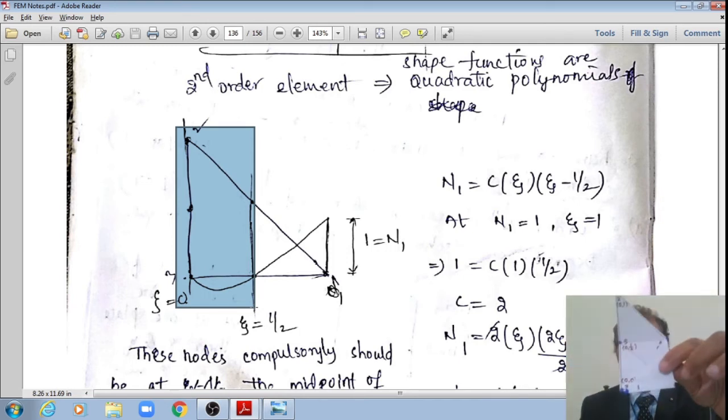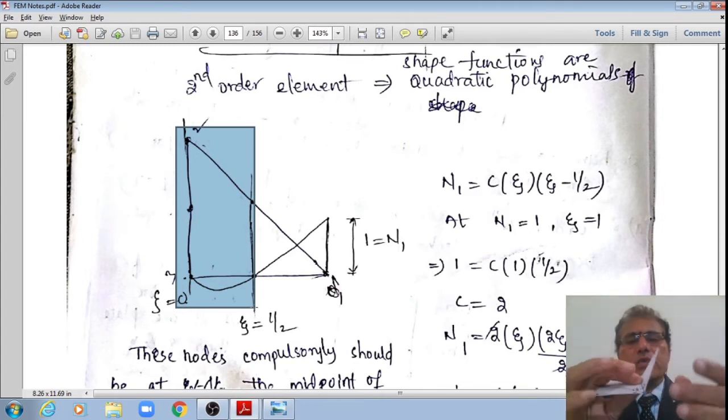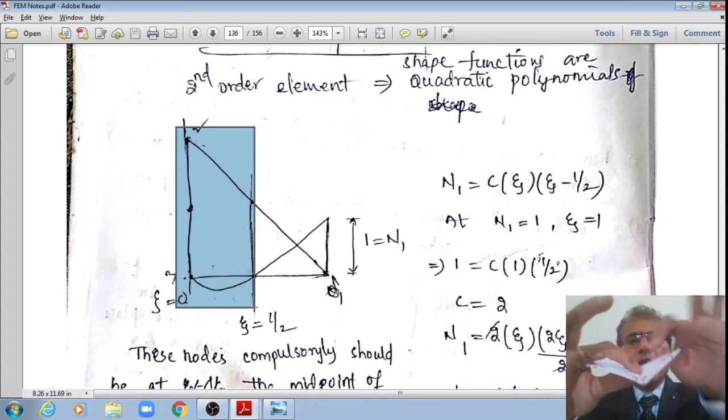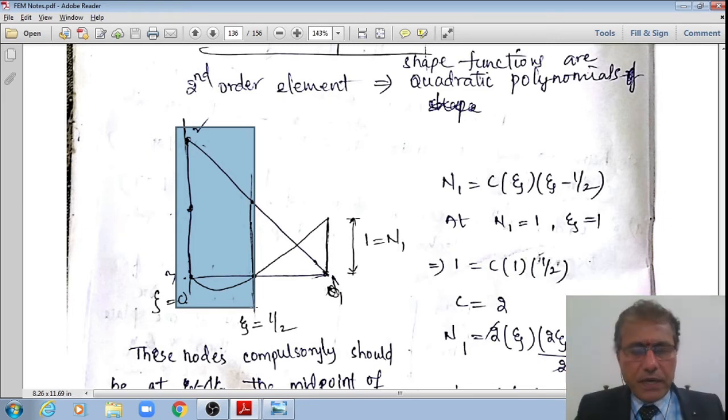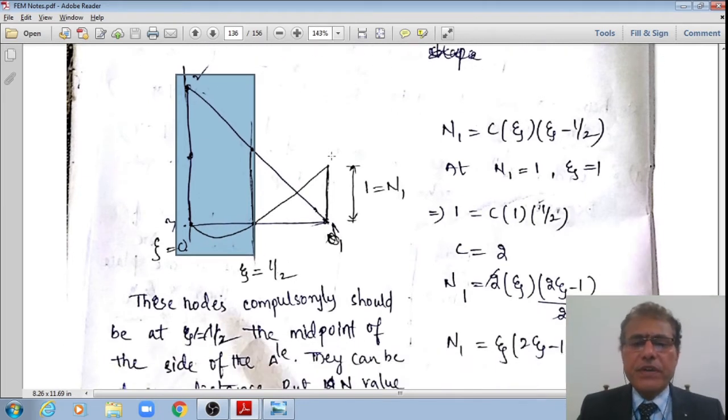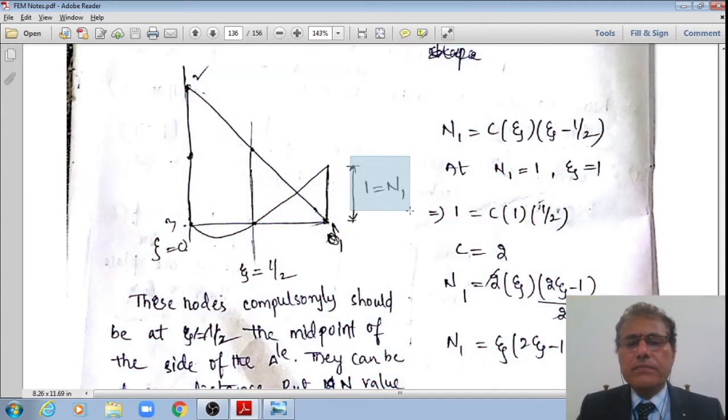0 over this part, and 1 to 0 here, and totally 0 over this part. That is how the shape function varies, students, varying quadratically from 1 till the next node, and as well as here to this node. By the time it reaches this, it will become 0.